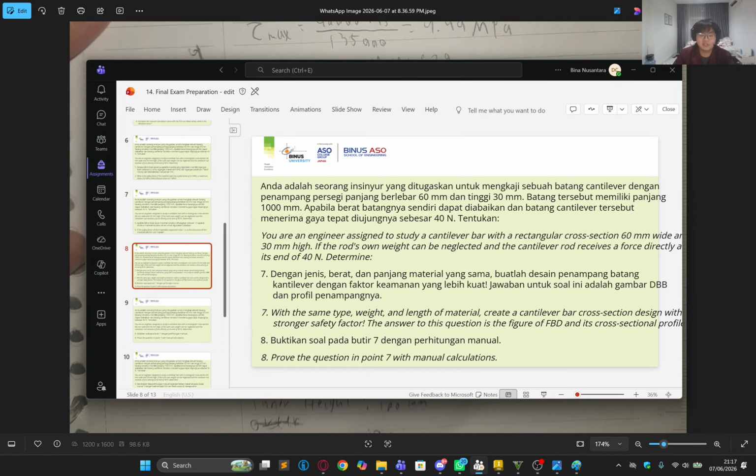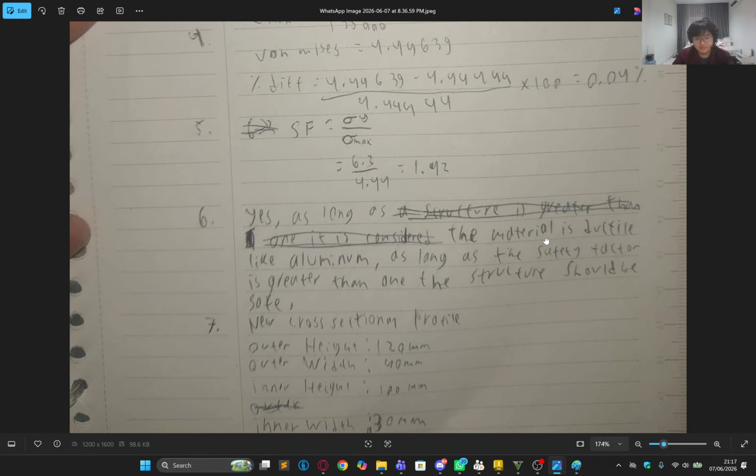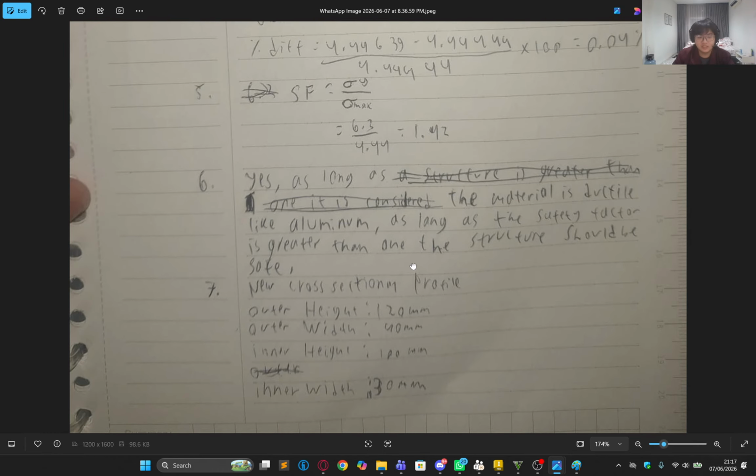And then this question. With the same type of weight and length of material, create a cantilever bar cross-section design with a stronger safety factor. I have created this thing here. I had designed this prior.